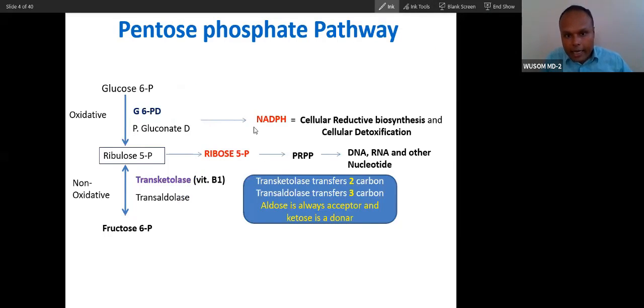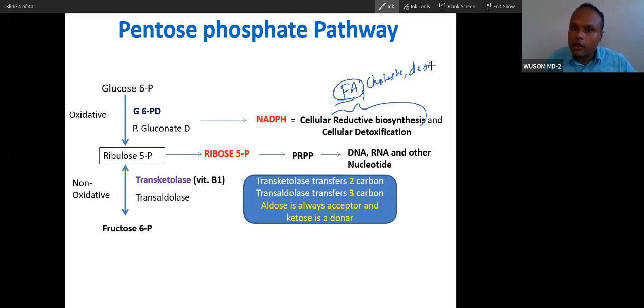Okay, and remember, NADPH means cellular reductive biosynthesis. We have already done reductive biosynthesis of fatty acid. We have done reductive biosynthesis of cholesterol. Reductive biosynthesis of deoxynucleotide. For these, NADPH is required. And cellular detoxification.